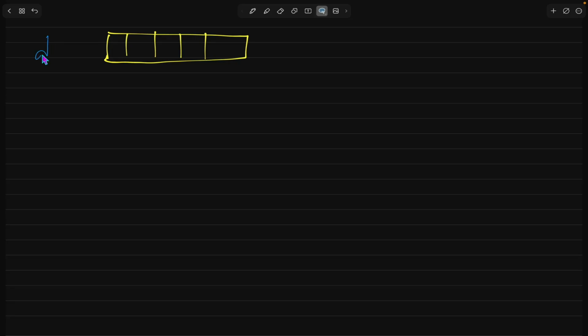So how do we write the d1 configuration? d1 will be here, 1 electron is there. How will d2 look?